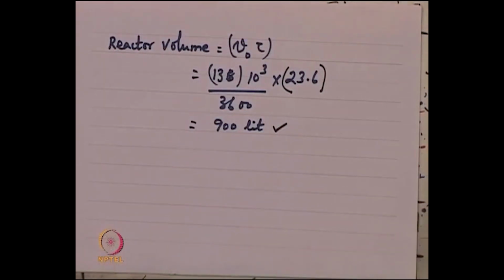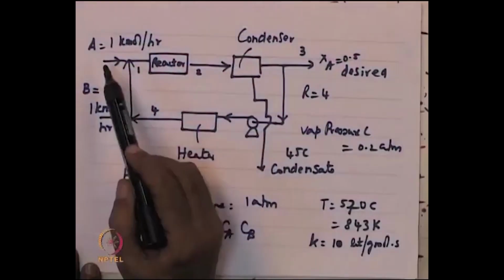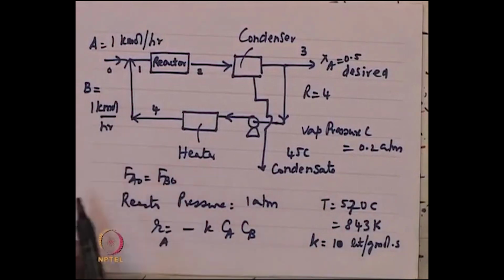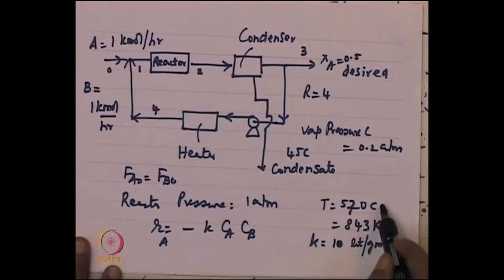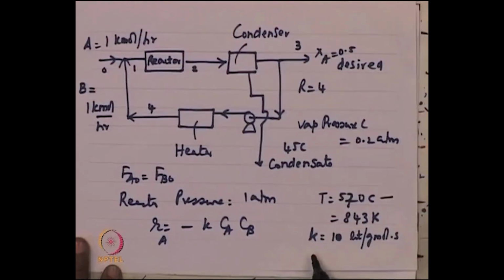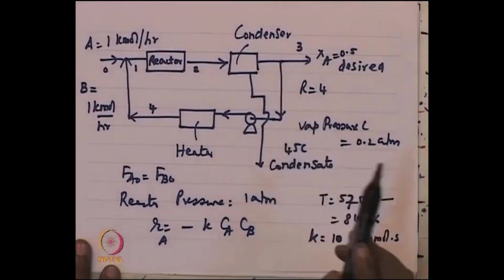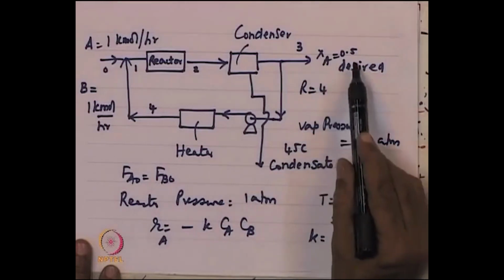So, what we are trying to say here is that, just quickly recall what we have tried to do. We have A going in at 1 kilomole per hour, B going in at 1 kilomole per hour into a reactor, where the second order reaction RA equal to K CA CB is taking place at 570 C, and where the rate constant is 10 liters per gram mole per second, where the recycle ratio is r, and we want XA equal to 0.5.